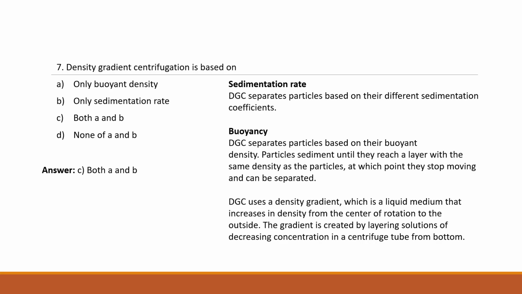You will put the highest layer at the bottom, then you will decrease. For example, if there is 50% density in the bottommost layer, then above that you will put 40, then 30, then 20.